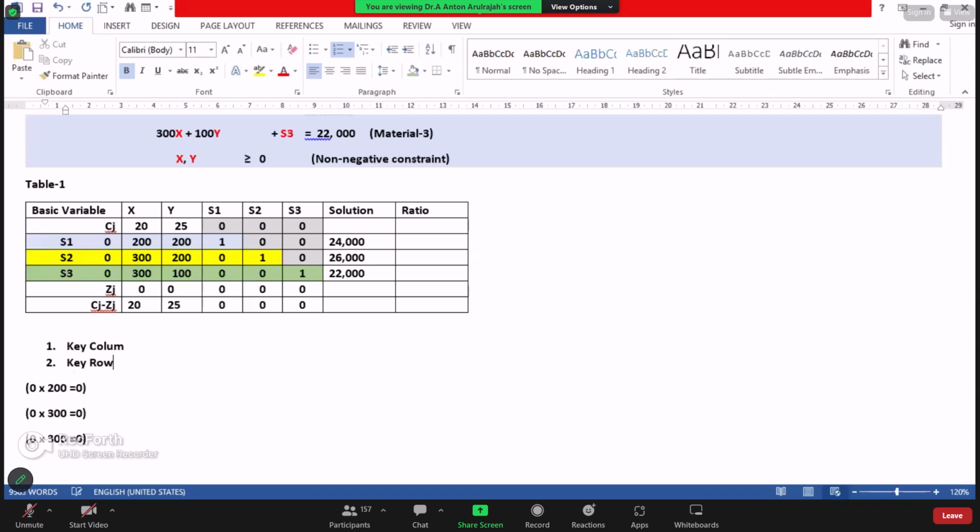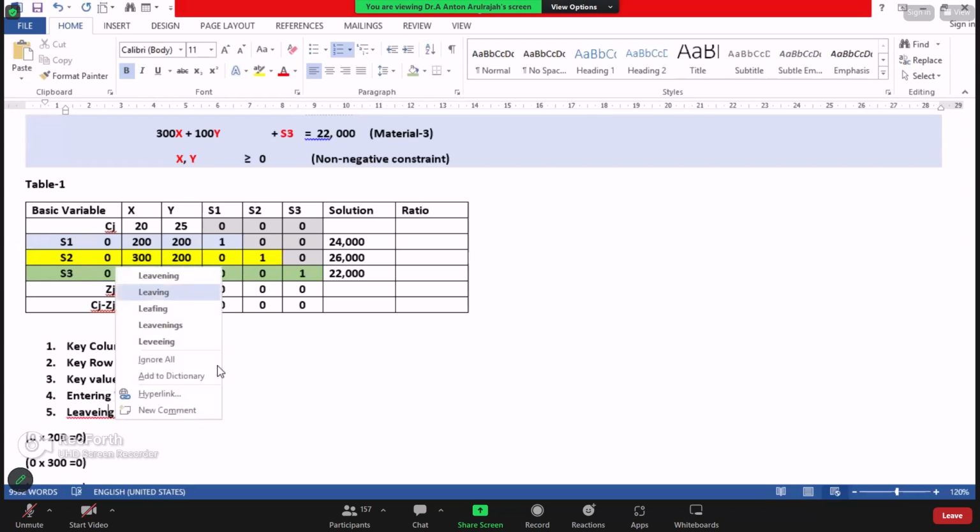Third one, key value. Fourth one, entering variable. Then, leaving variable.